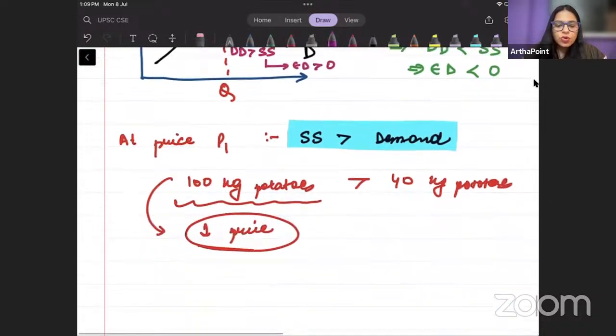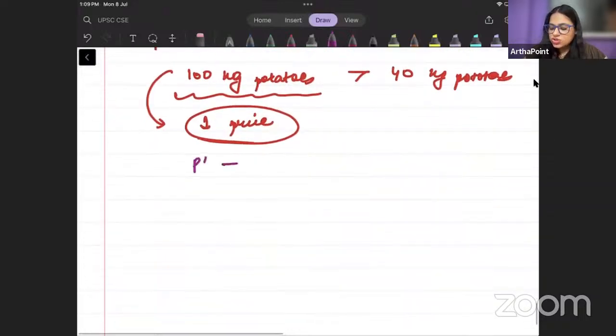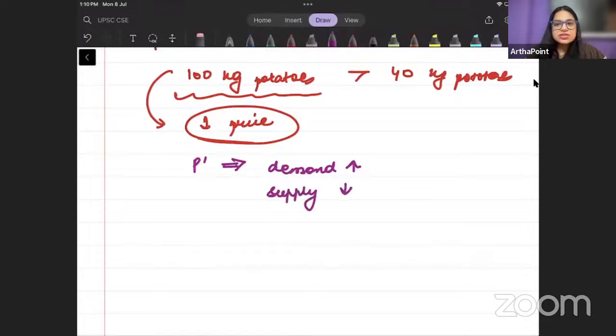As you lower the price of the product, at a lower price, the law of demand suggests demand will increase, and the law of supply suggests supply will decrease. So the difference between demand and supply will fall.